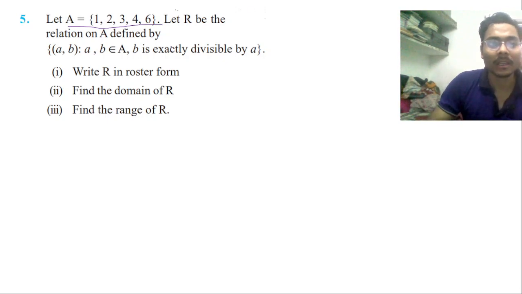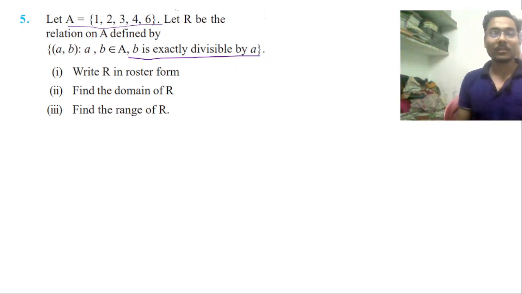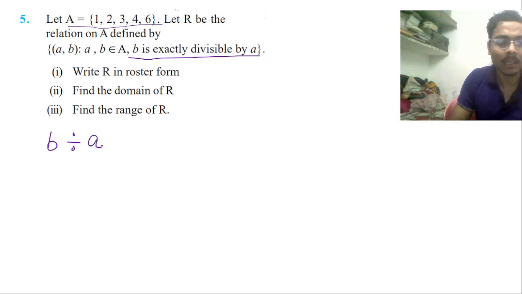So this is the line where we will have to put our focus. The question here is b is exactly divisible by a, means b divided by a is an integer.